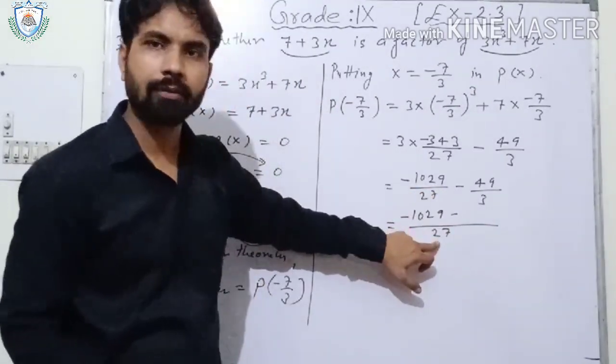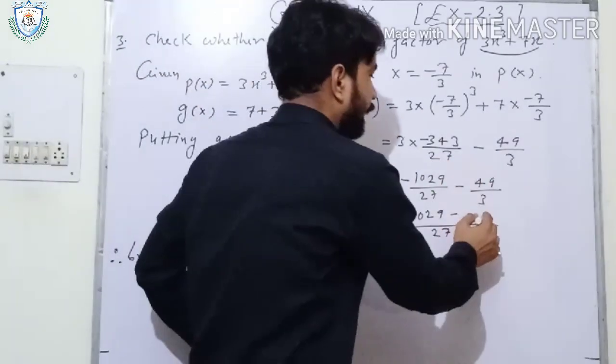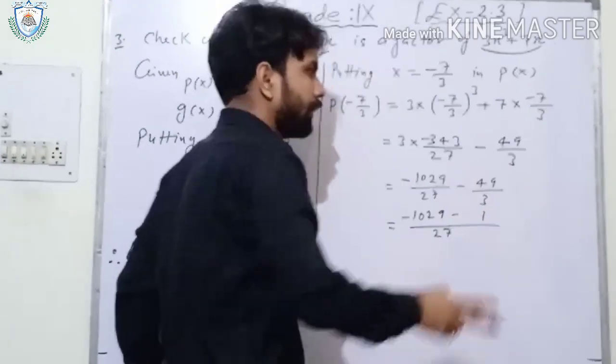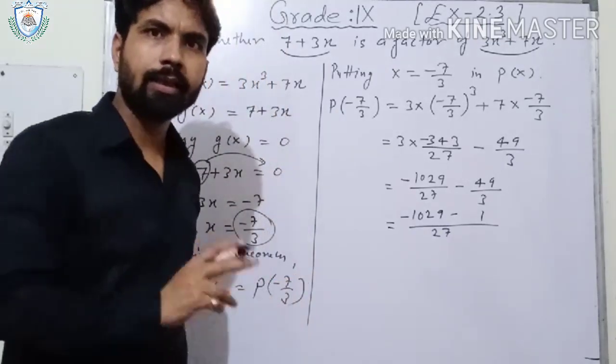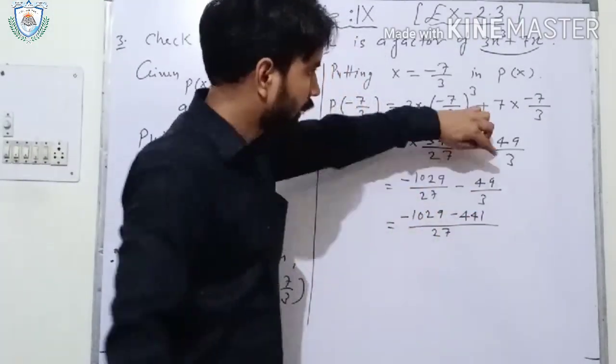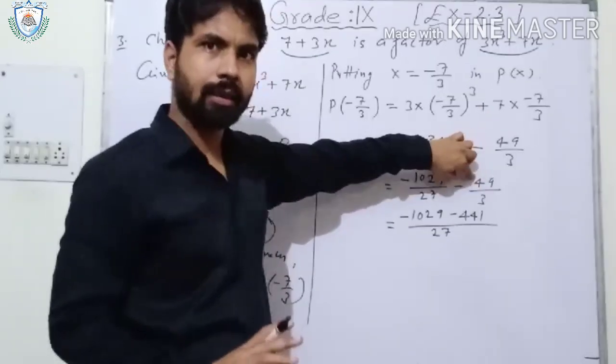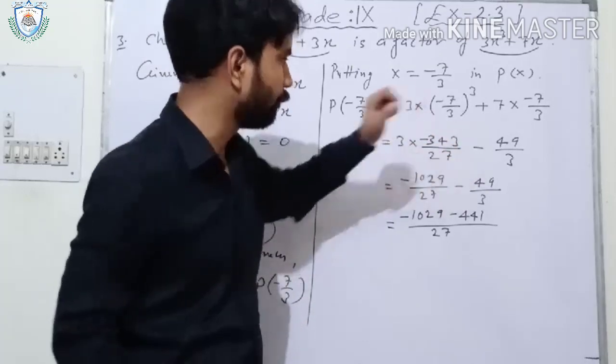3 nines are 27. Then that 9 is multiplied in 49. 9 nines are 81, 8 carry. 9 fours are 36, 36 and 8, 44.